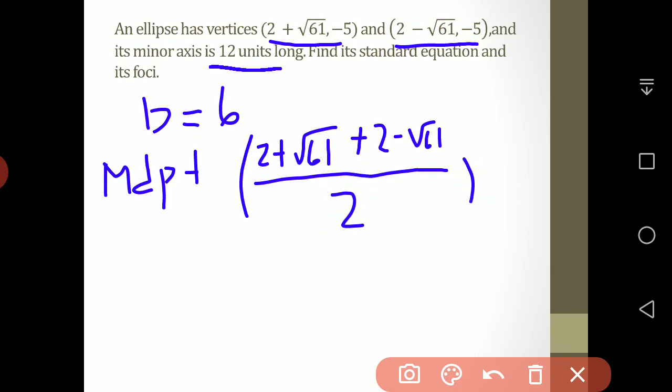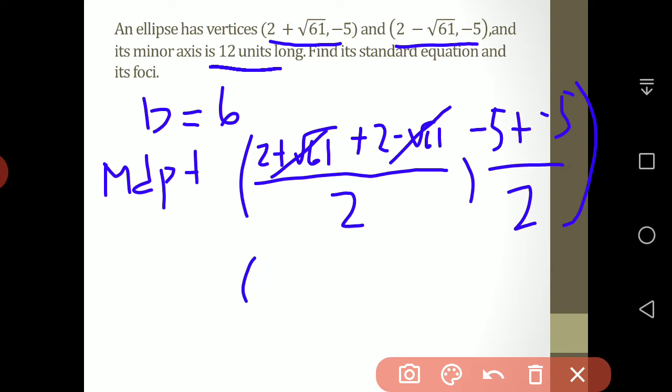And for y, negative 5 plus negative 5, then we divide by 2. Positive square root of 61 and negative square root of 61 will cancel out. So our midpoint will be 2 plus 2, 4 divided by 2, that is 2. And negative 5 plus negative 5, negative 10 divided by 2, that's just negative 5, which means this is our center.